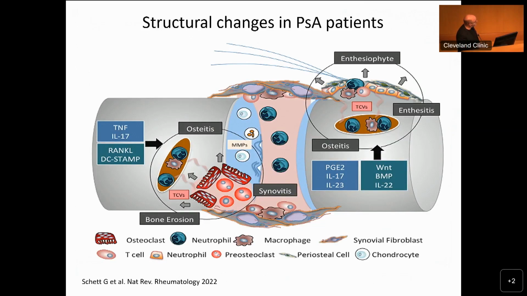It can also happen with enthesitis. This is a periarticular lesion, which I have shown you. It's dependent on the differentiation of periosteal cells into osteoblasts and the formation of bony spurs. Both of these lesions impair the quality of life of patients, and they are a matter of time. The earlier you treat, the better you can prevent them.